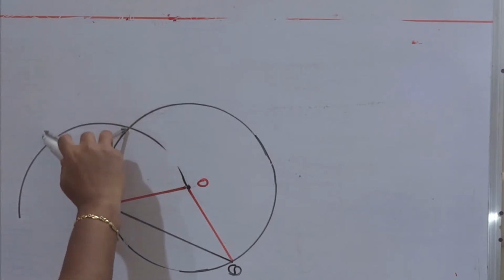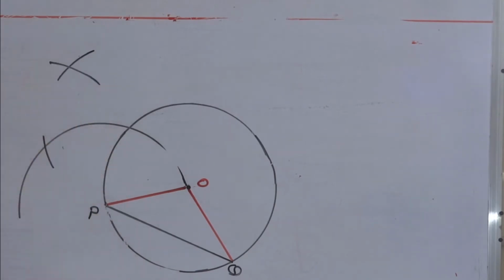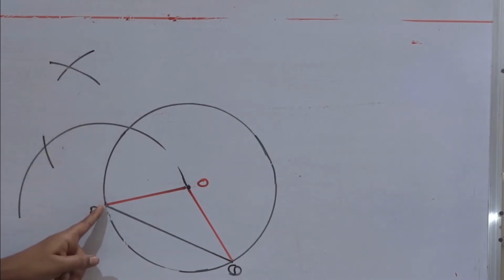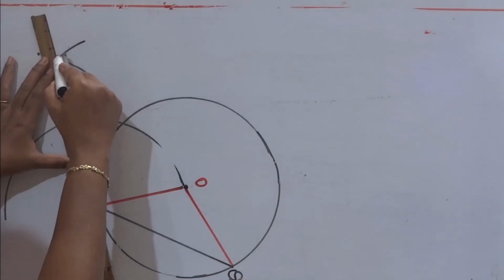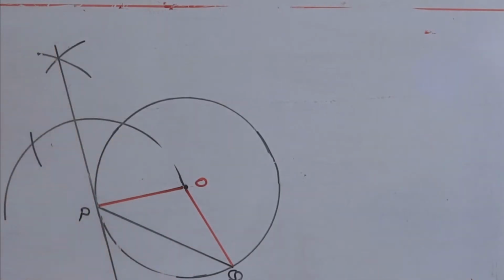And 2 more arcs like this. Now join this point of intersection of 2 arcs to point P. You can repeat the same procedure below also.